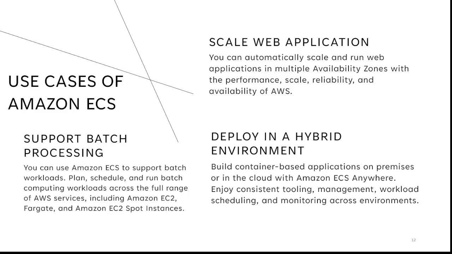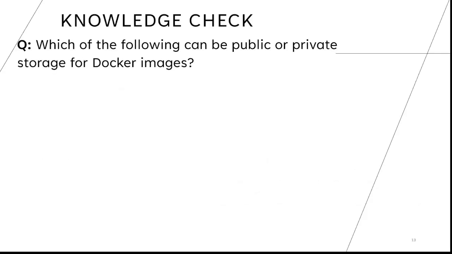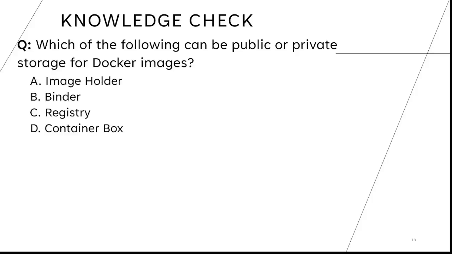Okay, for the recap, we learned about the technical components of Amazon ECS. Then for the knowledge check, I hope you are able to answer this. Which of the following can be public or private storage for Docker images? I'll give you a few seconds to think about it. 1, 2, 3.